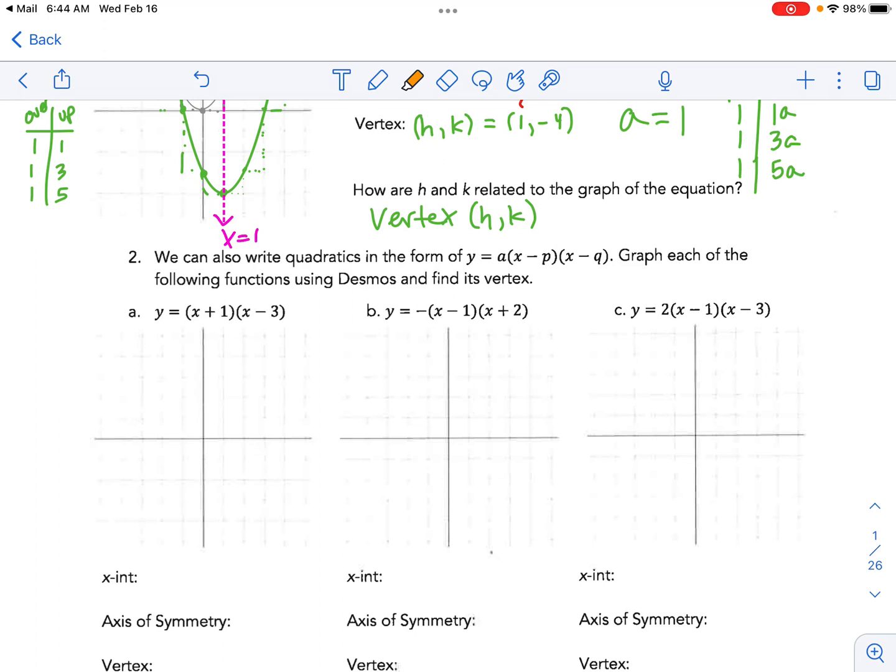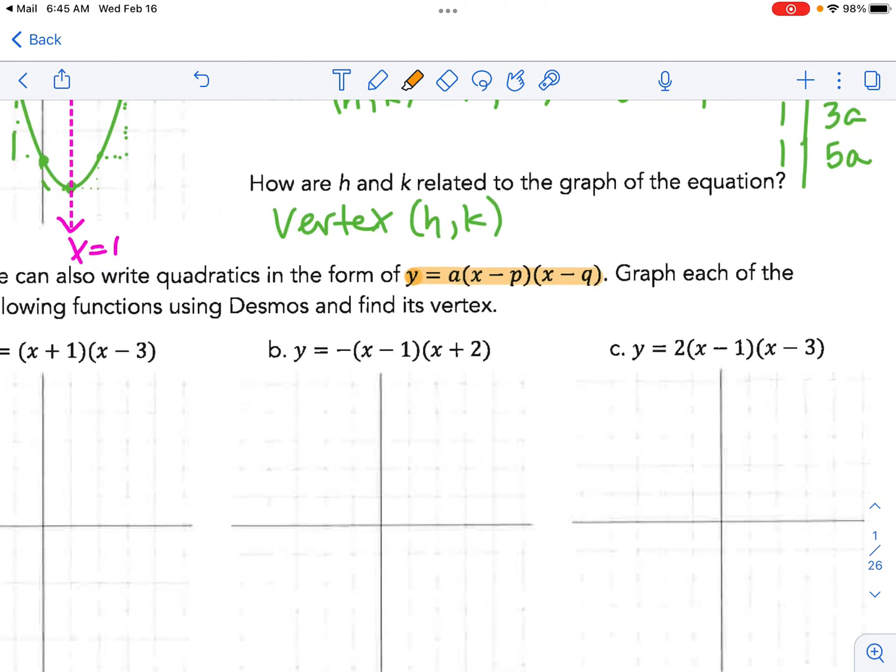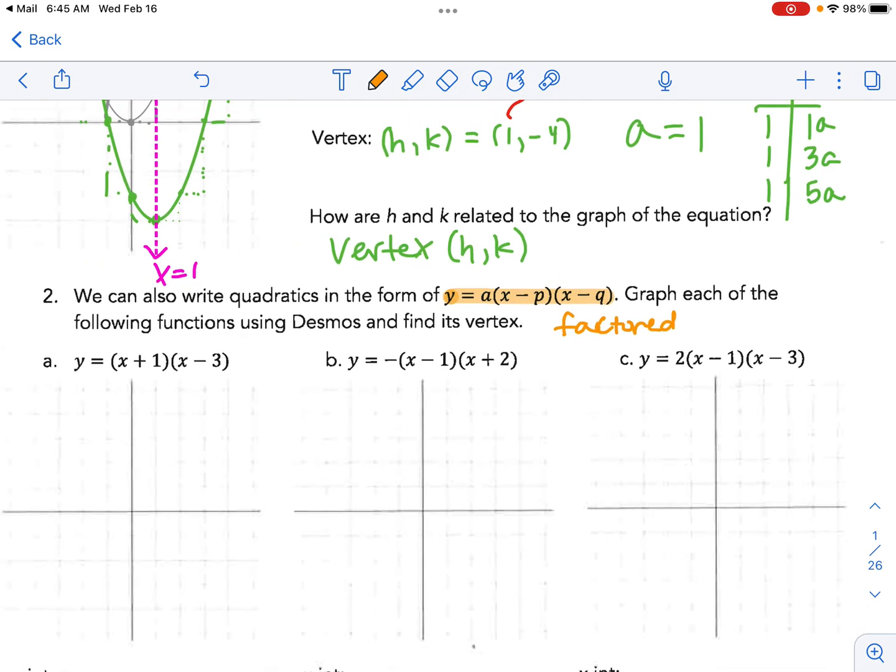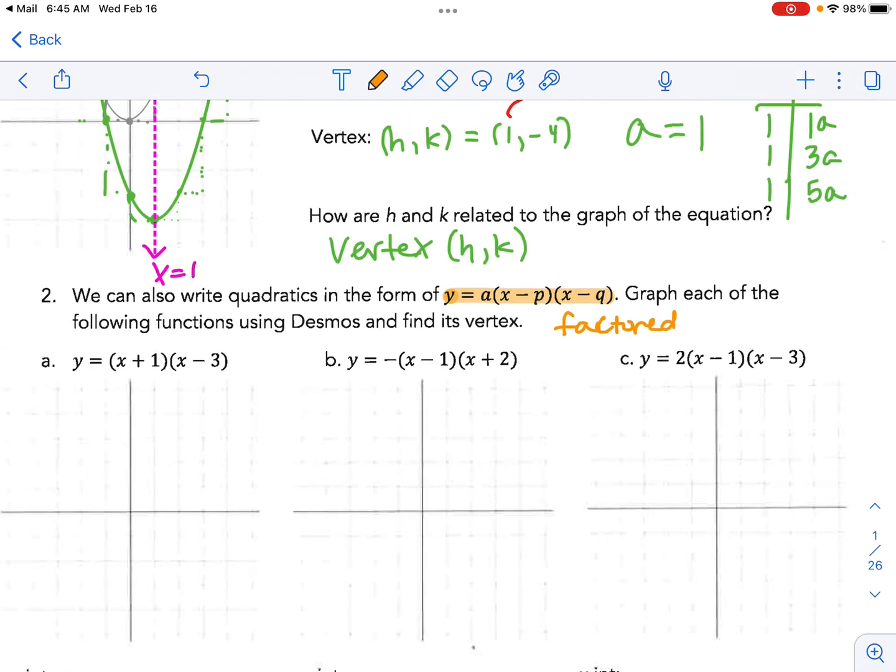So if you notice, we have this quadratic that we've factored. So we've done some sort of star method or something like this. So we have factored the quadratic, and when we factor it, we have a product, right? That's what factors are: products that multiply up to what we started with.